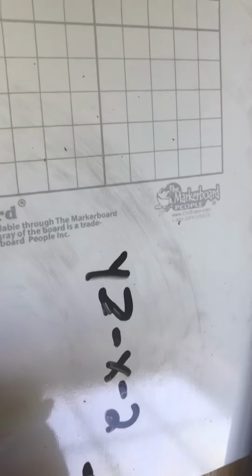So, let's go ahead and do our second problem, which is y is greater than negative x minus 2, and y is less than or equal to negative 5x plus 2. So graph it like a normal system.